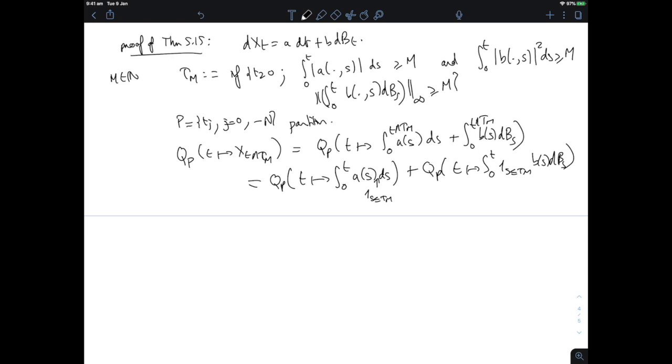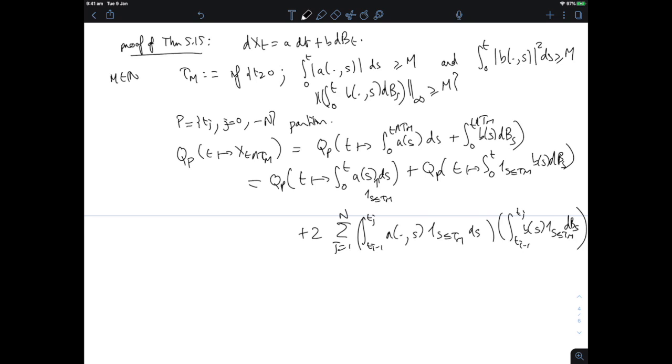And then we have a cross term which is twice the sum j equals 1 to n of the integral from tj minus 1 to tj of as times this indicator function, that's ds, and then times the increment here, tj minus 1 to tj of bs before tau m, but this time dBs.